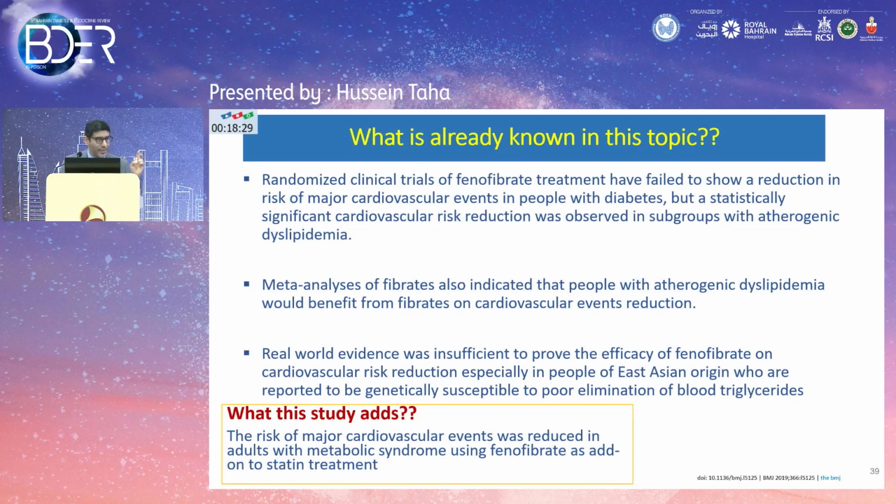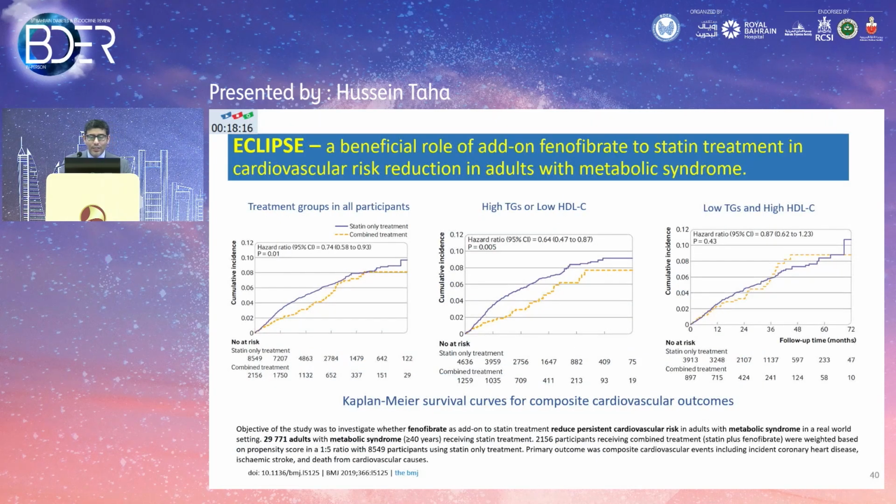With high LDL, yes. So what does this study tell us? The risk of major cardiovascular events was reduced in adults with metabolic syndrome using fenofibrate as an add-on to statin. Especially you can see here in the middle, the group who are having raised triglyceride, there was significant reduction of all cardiovascular events when combination has been attained.